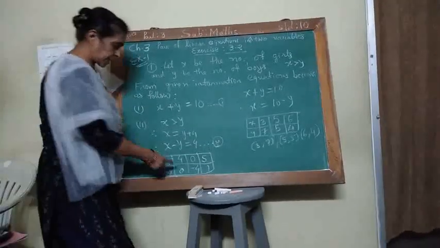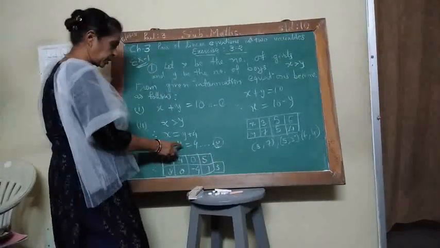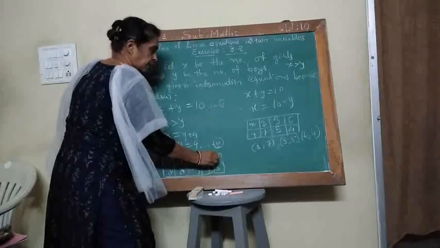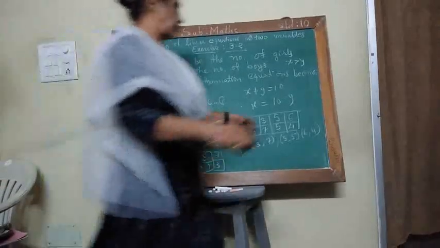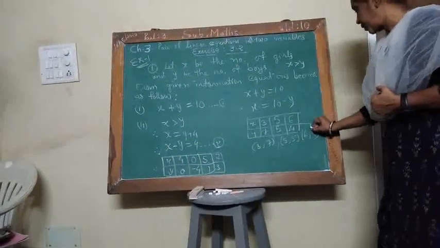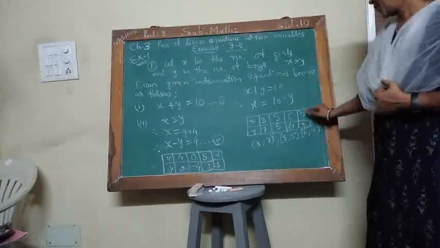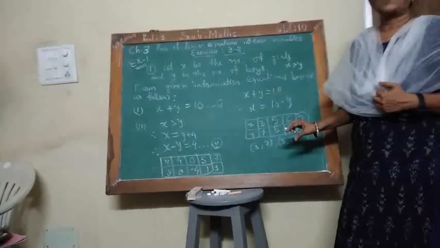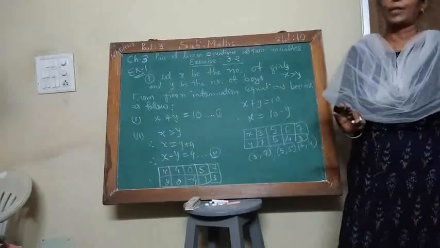If you take y value 3 here, then minus 3 goes to this side and x equals 7. Here, if you take y equal to 3, then you get 10 minus 3, 7. So 7, 3 comes in both tables.